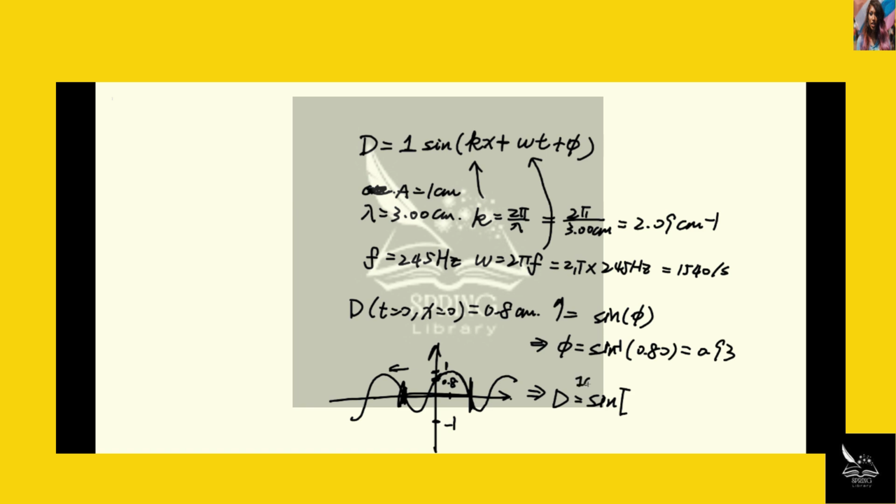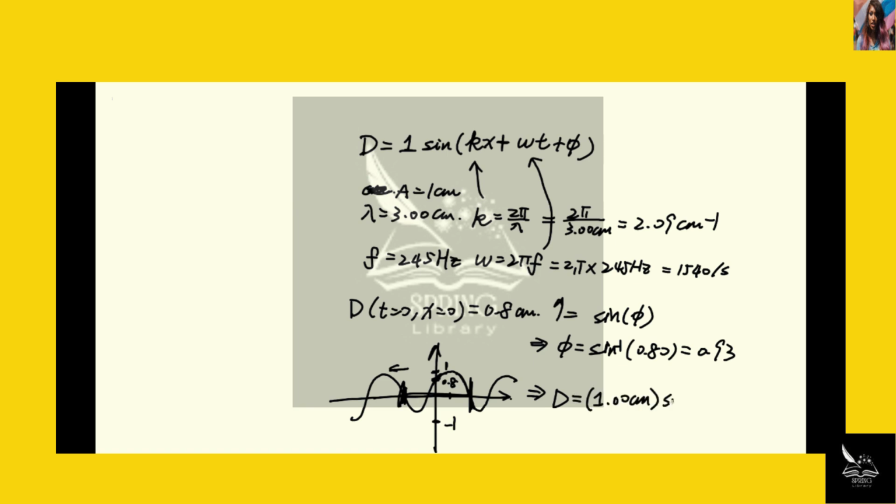So finally we have the expression: d equals 1 centimeter times sine. I know it's 1, but I'll just put it here because it carries a unit with it. Well, let me rewrite this equation with all the units in it, because that is better practice.